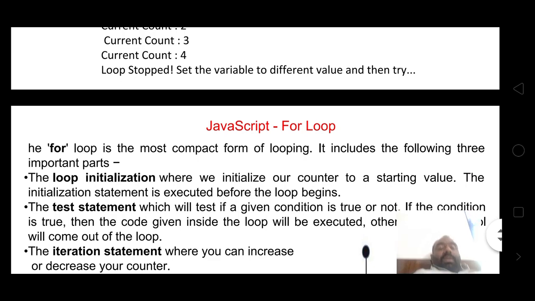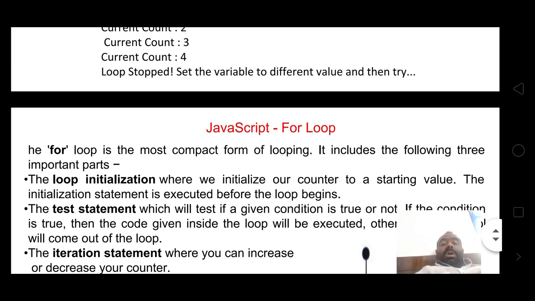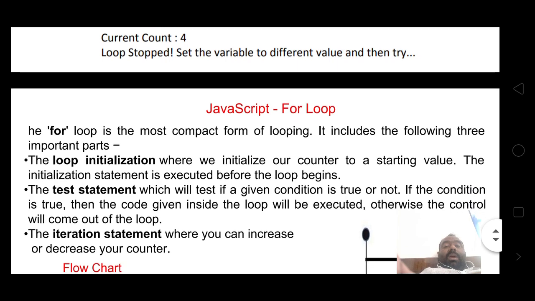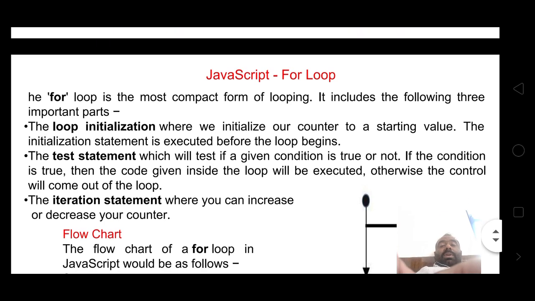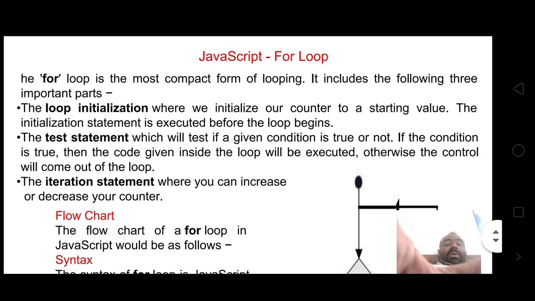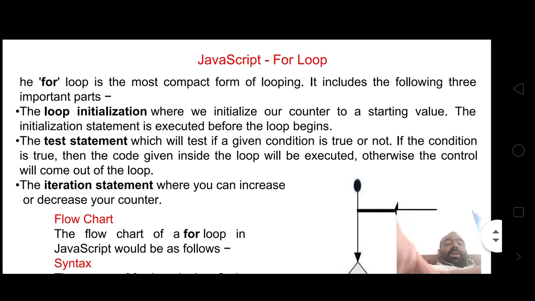Then the for loop. The for loop is the most compact form of looping. It includes the following three important parts: the loop initialization, the test statement, and the iteration statement. First, loop initialization, where we initialize our counter to a starting value.